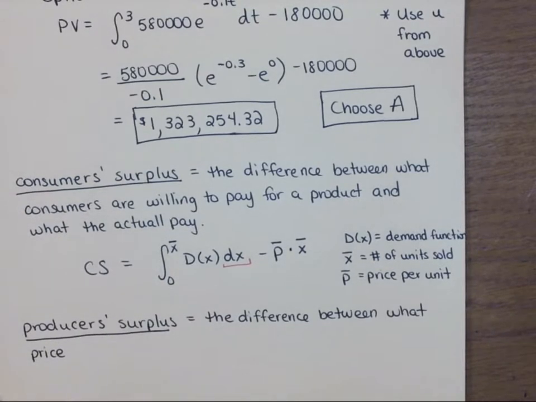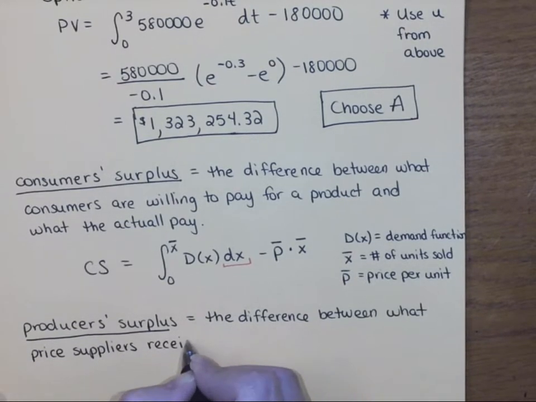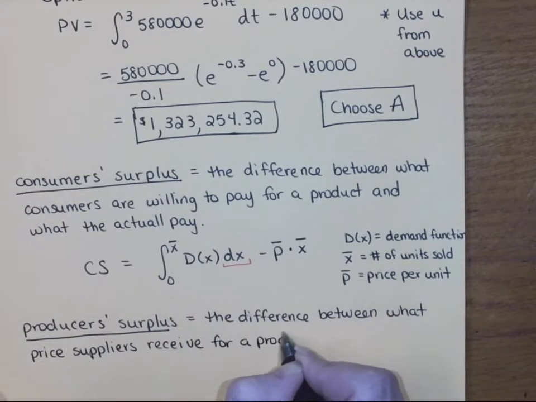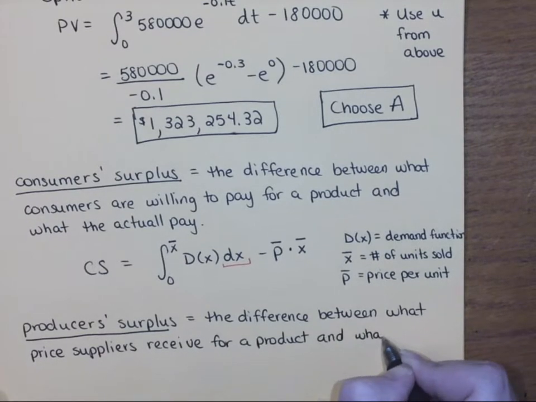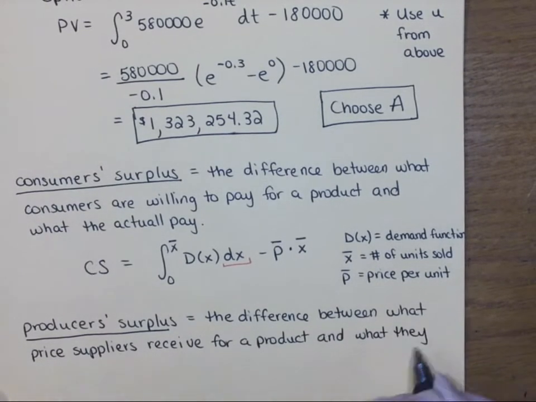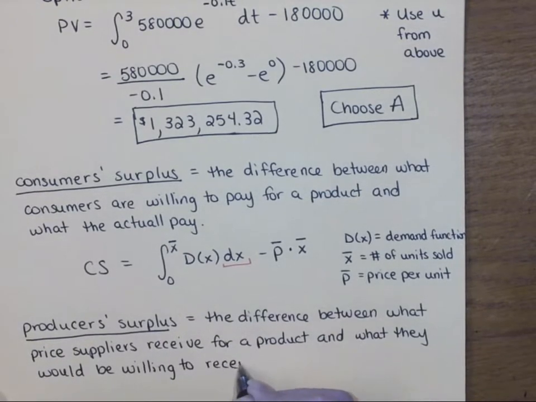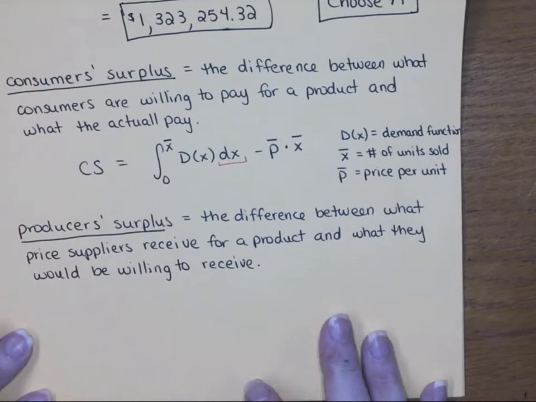So it's the difference between what price suppliers receive for an item or a product and the lowest amount they would be willing to take. In other words, they want to sell it for the maximum amount, but there's probably some low ball number that they're willing to accept. And the producer's surplus is the overall difference between what they actually get and the lowest amount they would be willing to get.